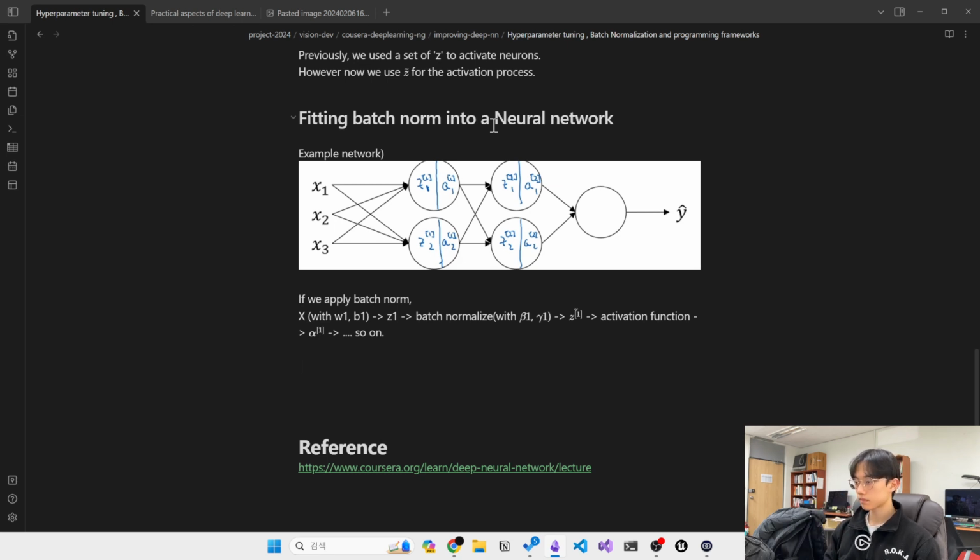For clarity, note that these betas here have nothing to do with the hyperparameter beta that we had for momentum or for computing the various exponentially weighted averages. The authors of the Adam paper had used beta in their paper to denote that hyperparameter. The authors of the Batch Norm paper had used beta to denote this parameter, but these are two completely different betas.